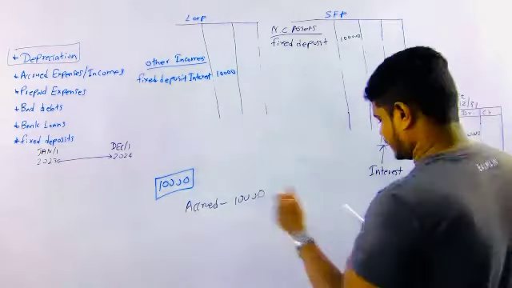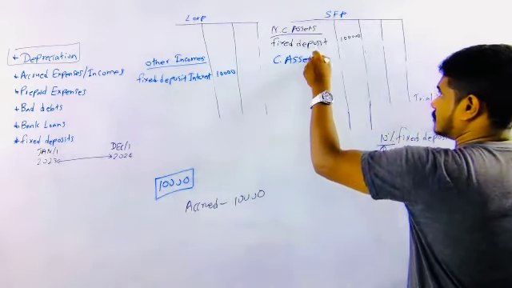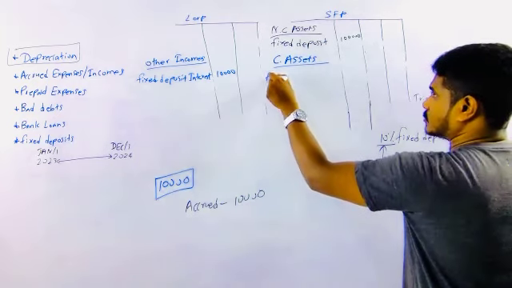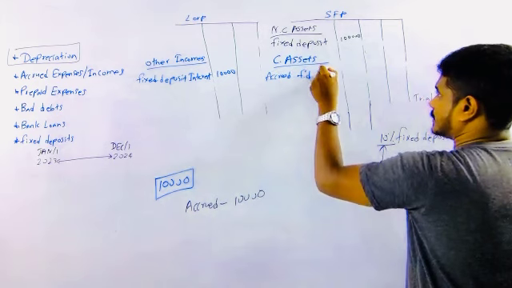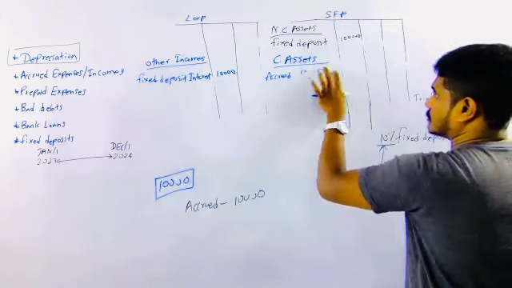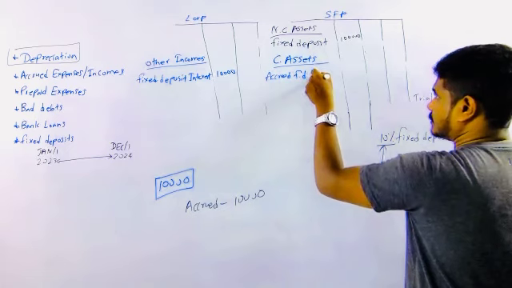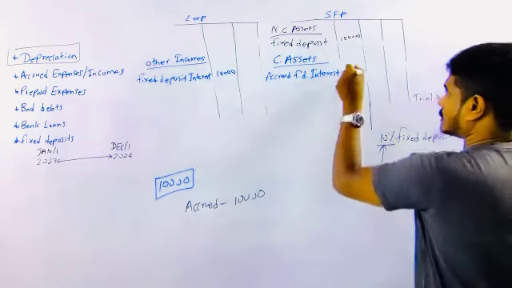So accrued incomes we input under current assets of the statement of financial position as accrued fixed deposit interest as 10,000.